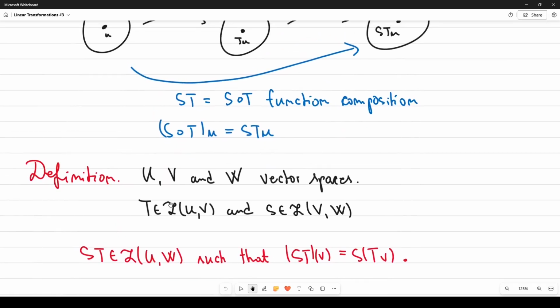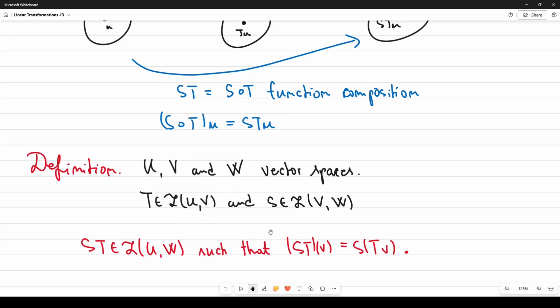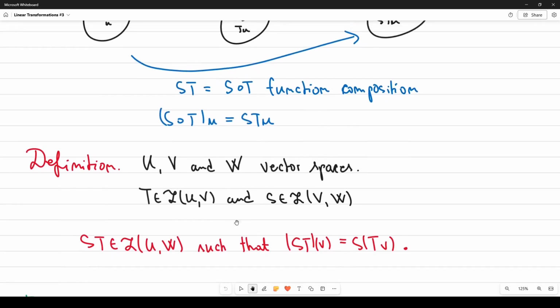So here's the definition. Let these three be vector spaces, take two appropriate linear transformations. The composition of two functions is a function, and it turns out the composition of two linear transformations is also a linear transformation.